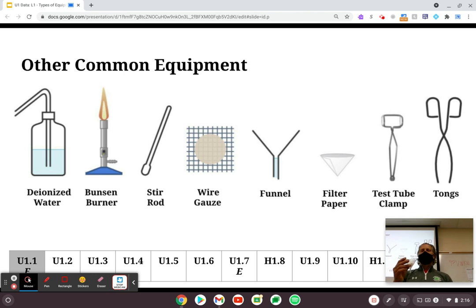This is a funnel. I don't know what else to say about that. This is filter paper. Actually, filter paper goes into a funnel.